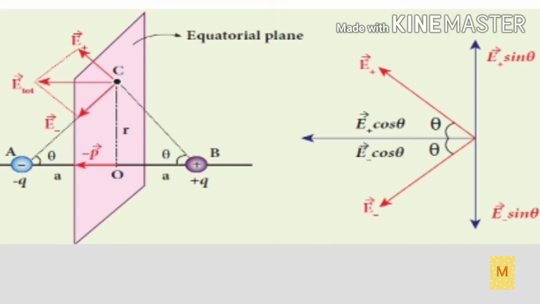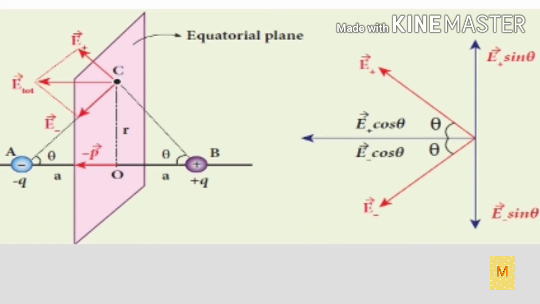One component is parallel to the axis passing through the dipole, and the other component is perpendicular to the axis, where the parallel components are E plus vector cos theta and E minus vector cos theta, and the perpendicular components are E plus vector sin theta and E minus vector sin theta.